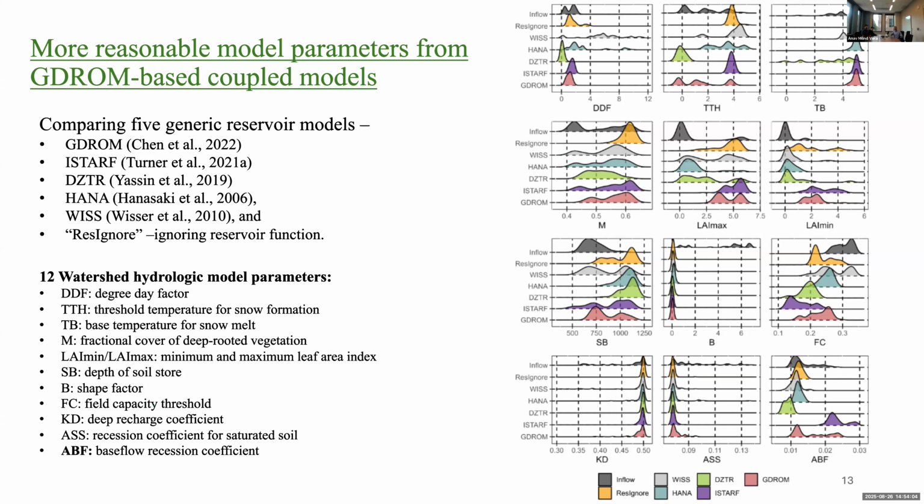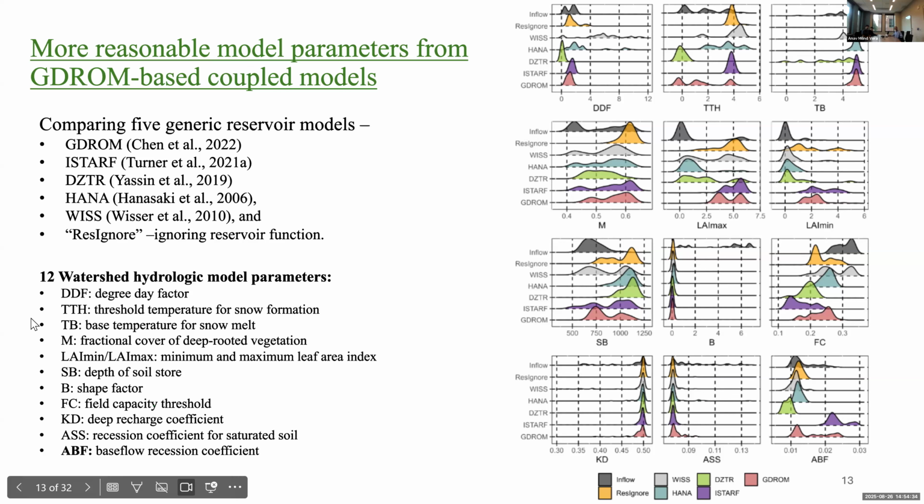So in the figure, on the vertical side, we list all these models, and for each model, we show the distribution of the calibrated parameters. From top to bottom, we have 12 parameters, since this watershed model has 12 parameters.